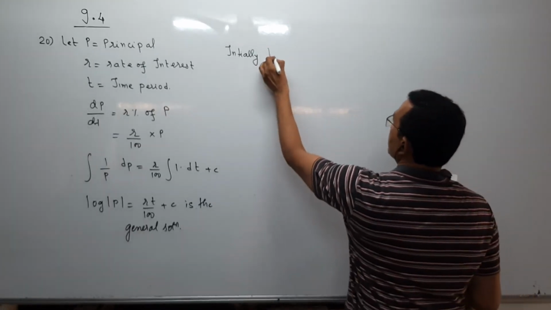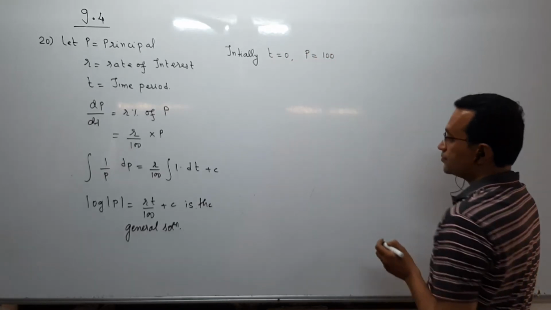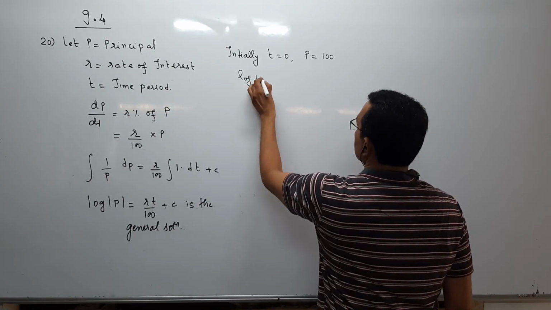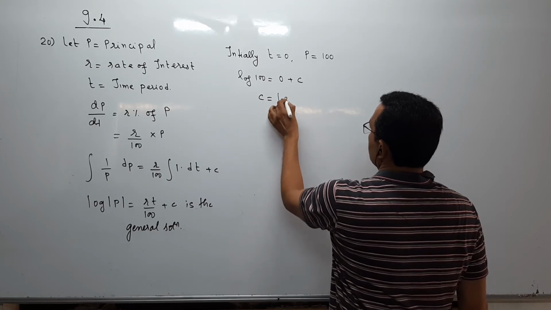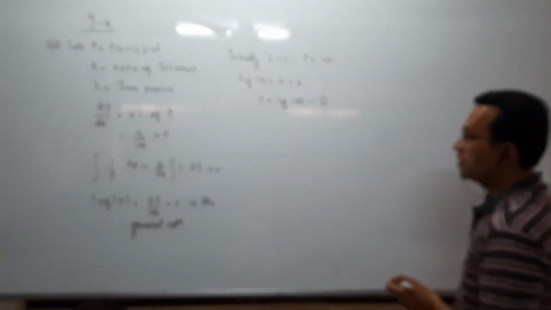Initially, at time t is equal to 0, P is equal to 100. So log 100 is equal to 0 plus C. So C will be log 100. So this is equation 1.